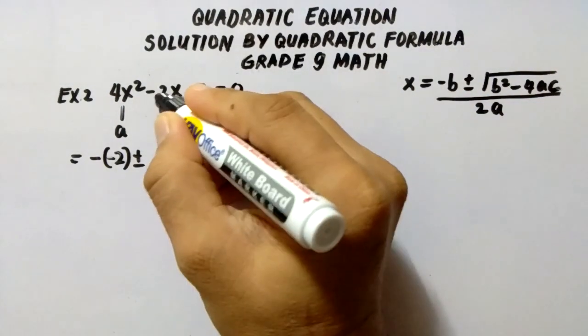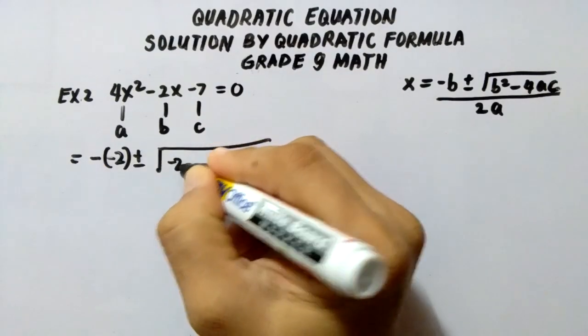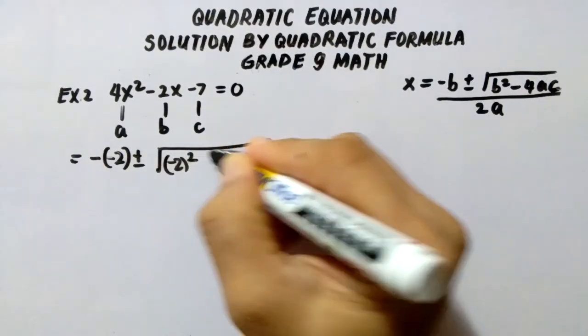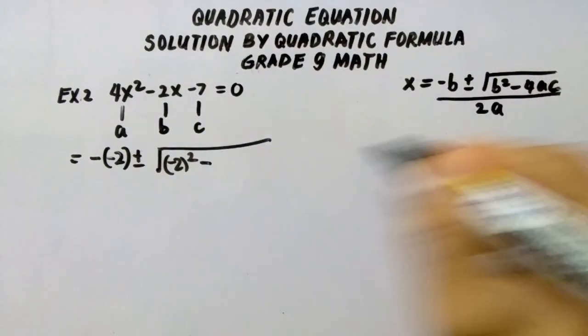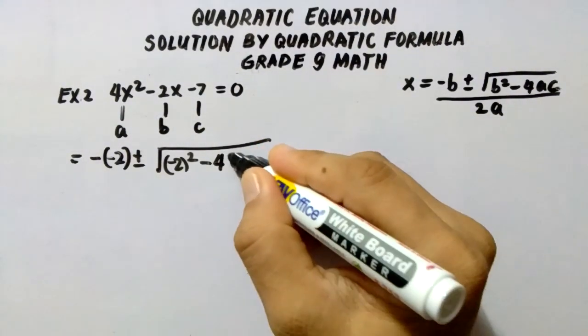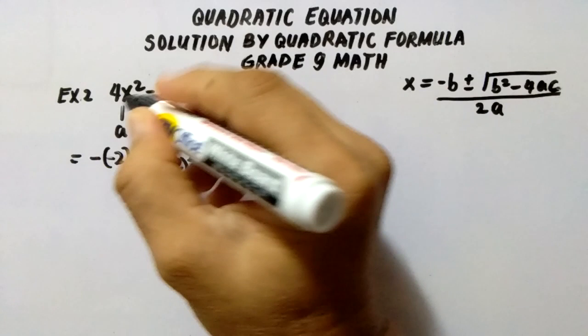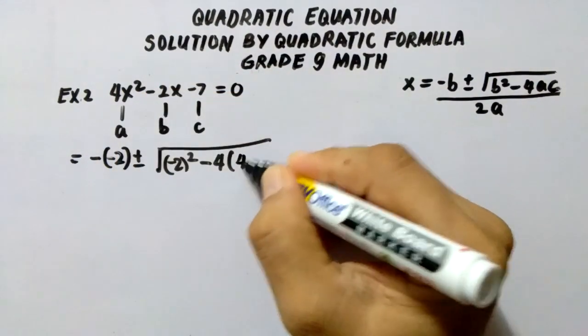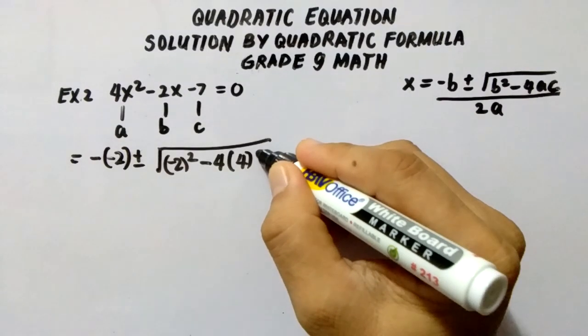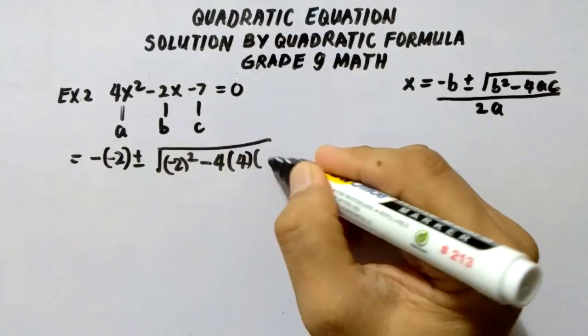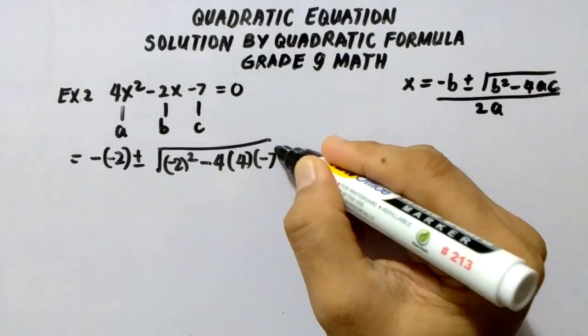So, we have B squared, negative 2, squared. Then, copy the negative sign. Then, 4 times A. So, A, we have 4. Then, times C. So, C is negative 7.